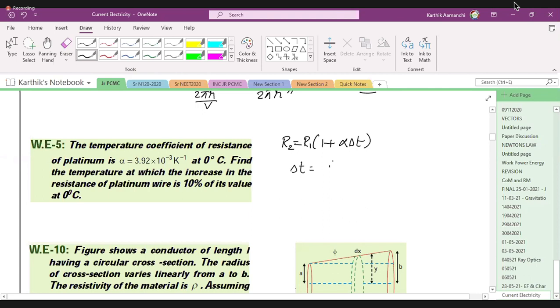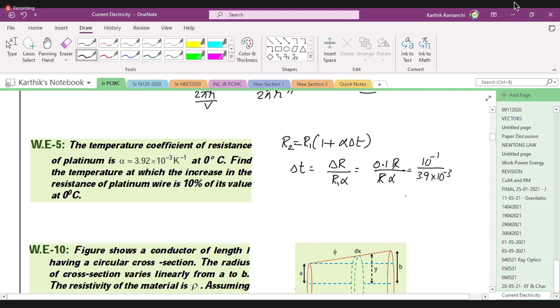So delta T is delta R divided by R1 alpha. 0.1 R divided by R into alpha. So 10 power minus 1 divided by 3.9 into 10 power minus 3.